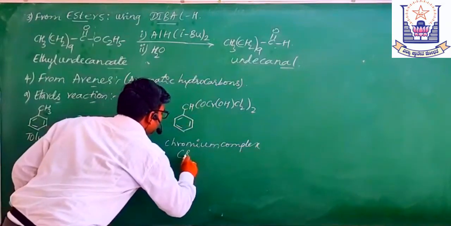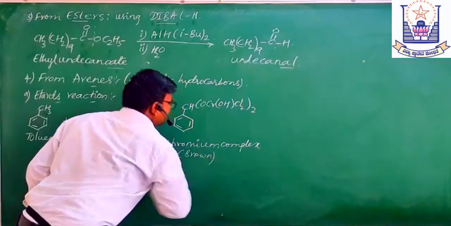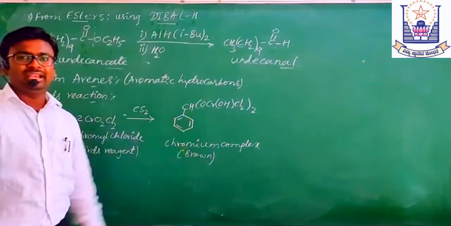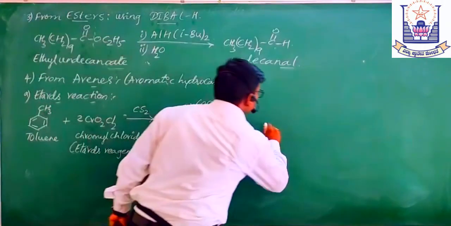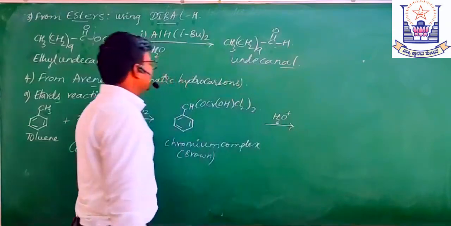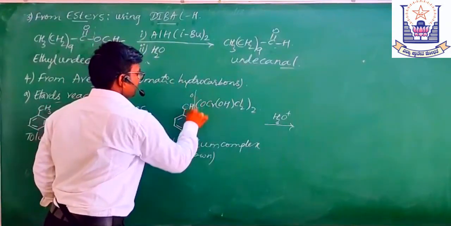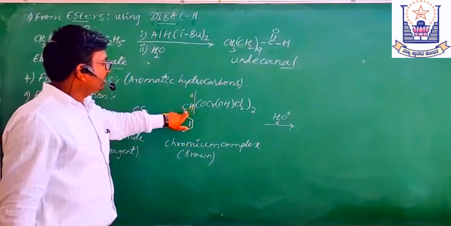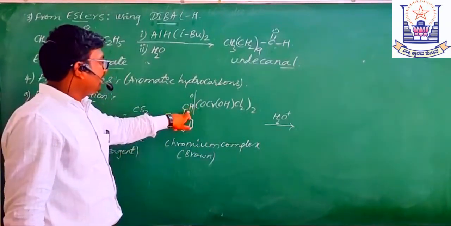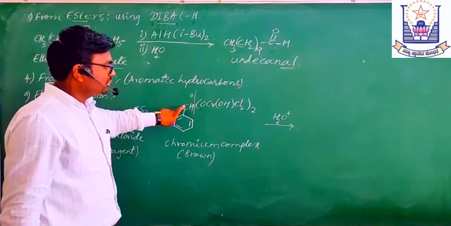This is a chromium complex, and brown in color. And when this is acid hydrolyzed, you will get an oxygen atom here. The bond between the chromium part and this carbon will be broken, and this part is oxidized, that is, addition of oxygen.